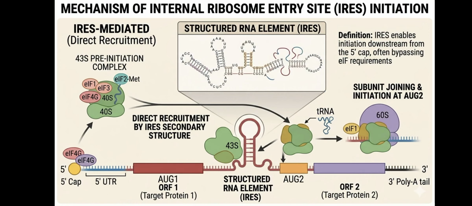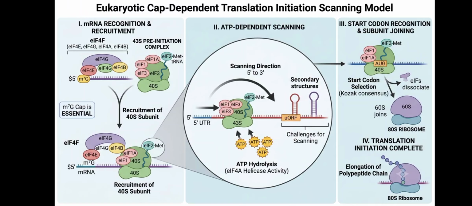In IRES-independent, that is natural, translation, we have seen that the small subunit is brought by the initiation factor, and the initiation factor scans for the AUG start codon, and then the large subunit gets attached to it and the translation starts.